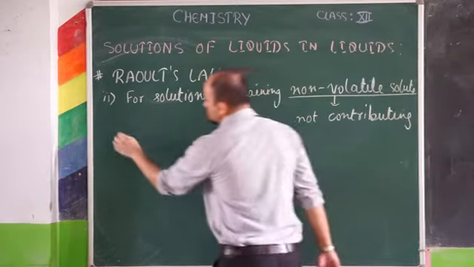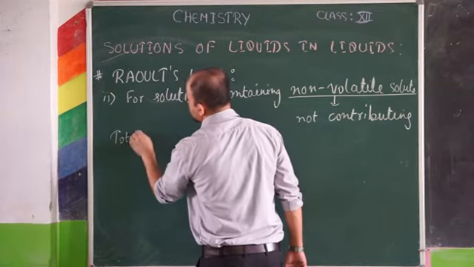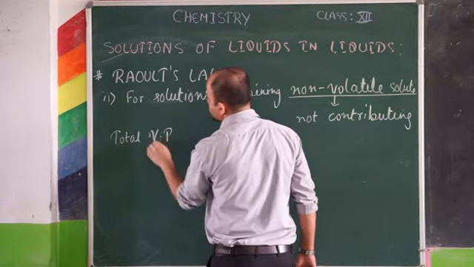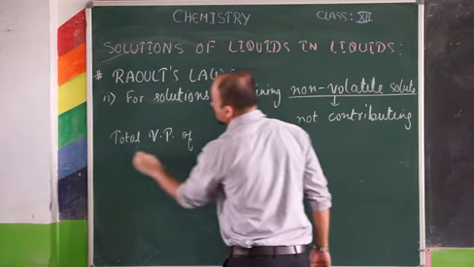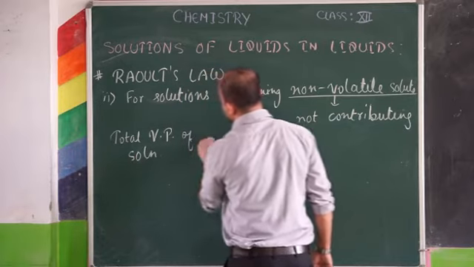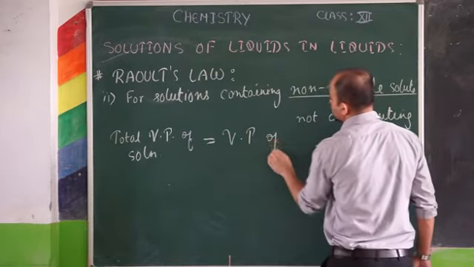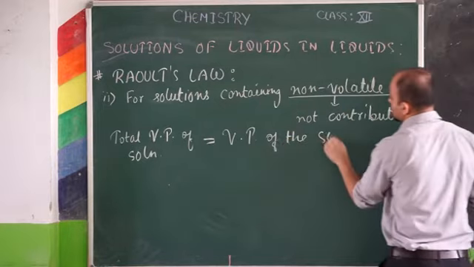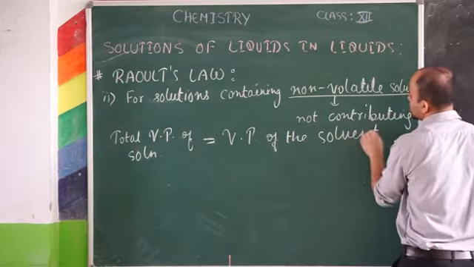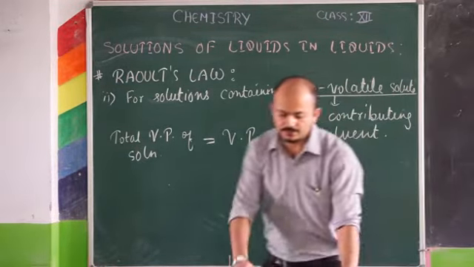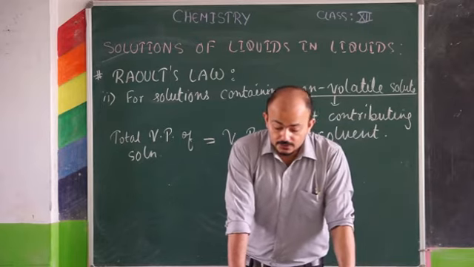So the total vapor pressure of the solution will be equal to the vapor pressure of the solvent. So the solvent only is contributing to the total vapor pressure of the solution.